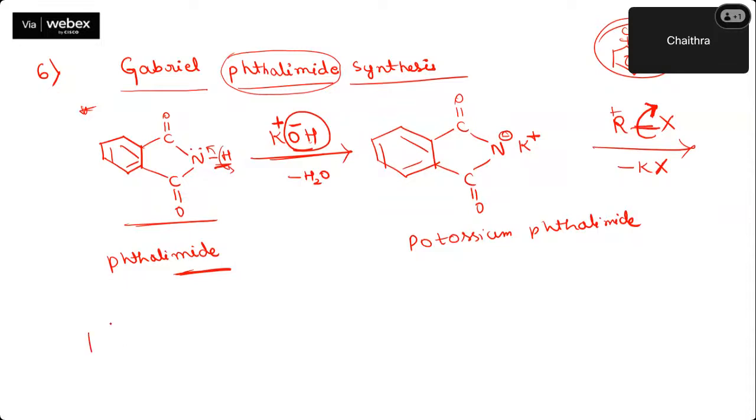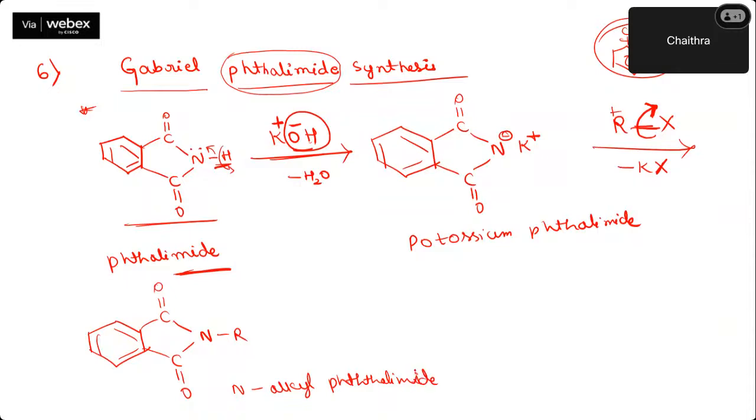Now you write the next product. You have a benzene ring attached to C double bond O, next C double bond O, and you have nitrogen here and you will be attaching R. So this is called N-alkyl phthalimide, as the alkyl group is attached to nitrogen.